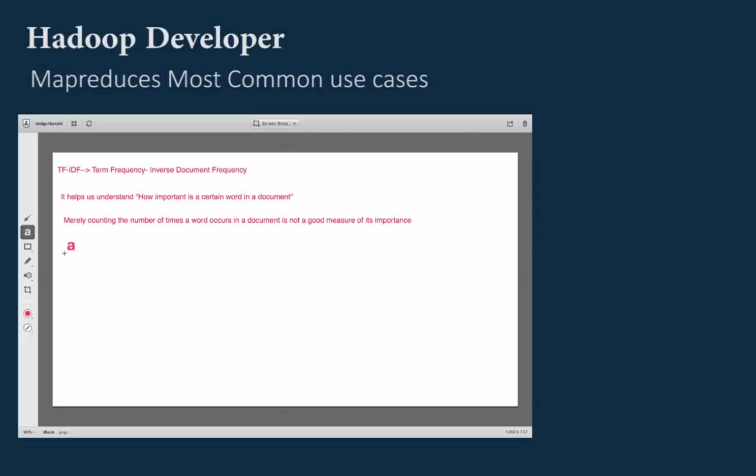Let's take a simple example. In document 1, the word "the" appears 54 times. From face value, it looks like "the" is the most important word in this document because it is there 54 times. But hold on.